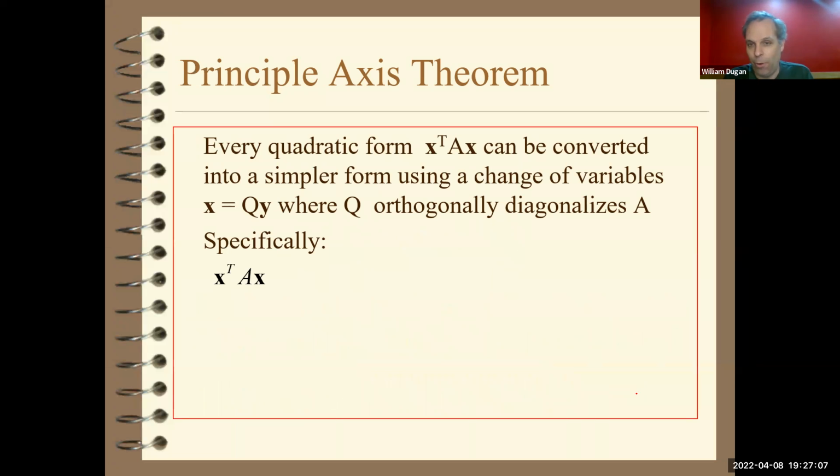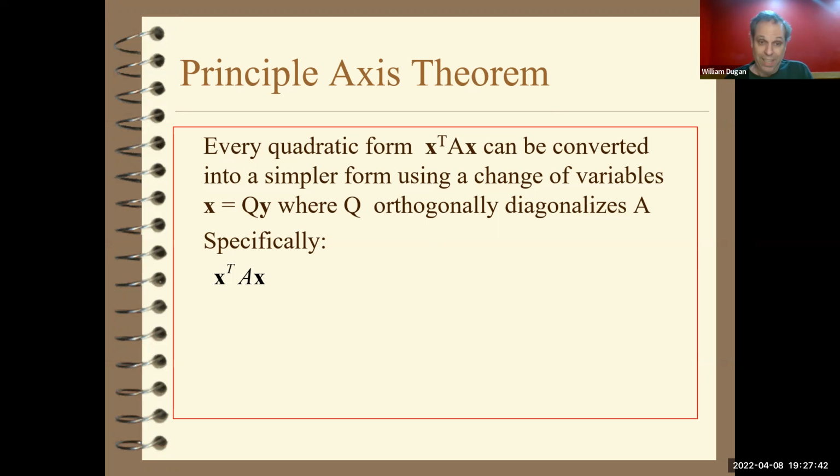So every quadratic form, x transpose times A times x, can be converted into a much simpler form. All you have to do is change the variables. You use x equals Q times y, where Q orthogonally diagonalizes A. Just to show you what I mean, let's do this substitution. So x transpose times A times x is this weird quadratic function. It has x1 squared, x2 squared, x3 squared, and cross terms, x1 times x2, x2 times x3, who knows how many symbols.